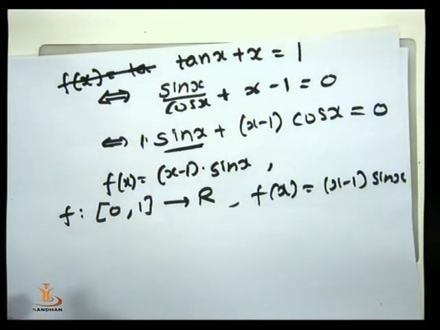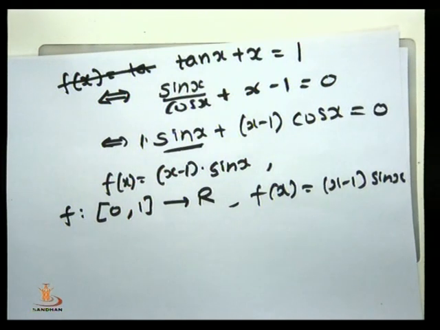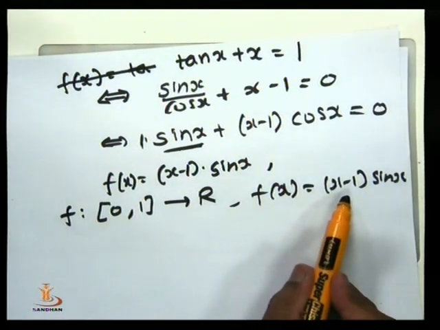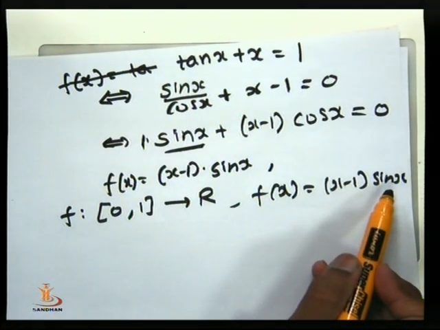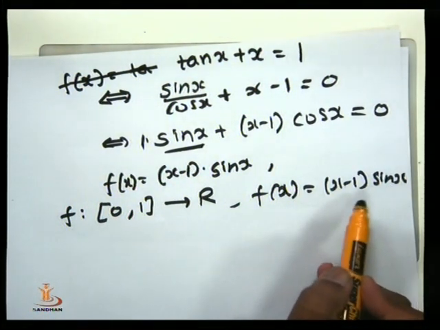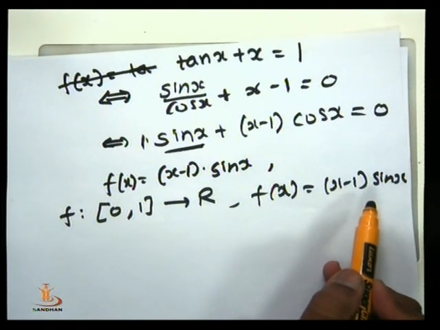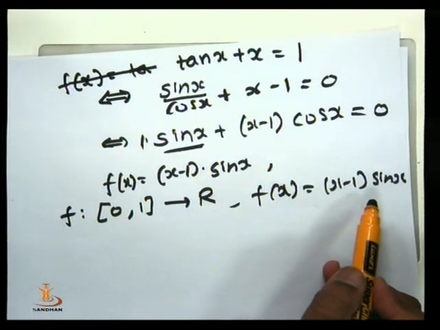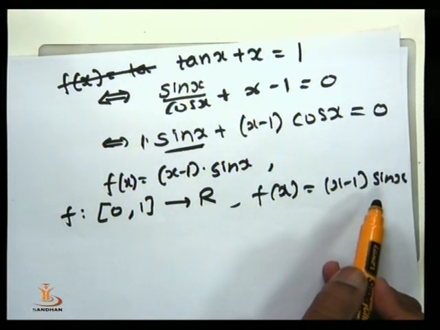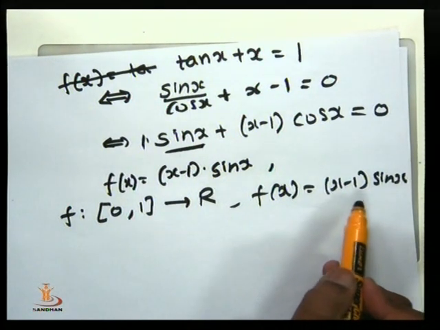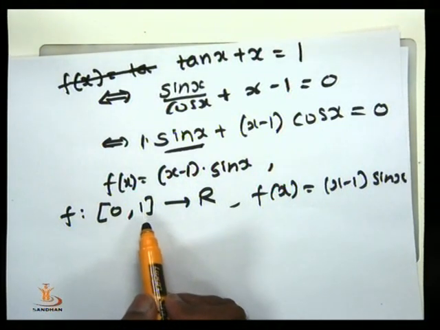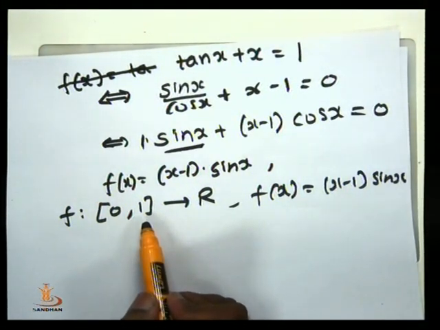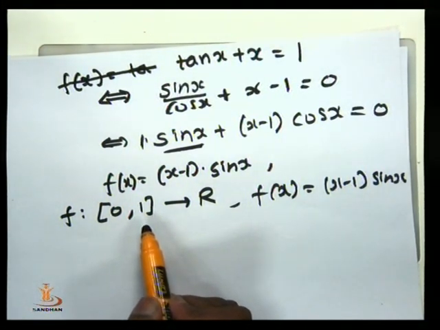Now, you observe that this x minus 1 function is a polynomial function, and sin x is a trigonometric function, both are everywhere continuous and everywhere differentiable. So, they are also continuous on closed interval [0, 1] and differentiable on open interval (0, 1). Hence, the product function, that is f(x), is also continuous on closed interval [0, 1] and it is also differentiable on open interval (0, 1).